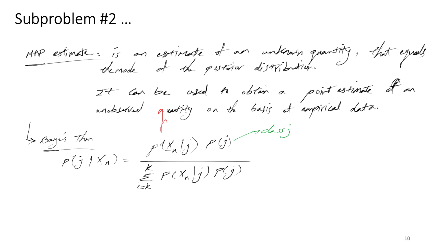So this breaks into the P of x_n given j for the class j, divided by all the classes. So the probability of x_1 given j P_1, the probability of x_2 given j P_2, and the summation of all, right? And this is called the Bayes theorem.